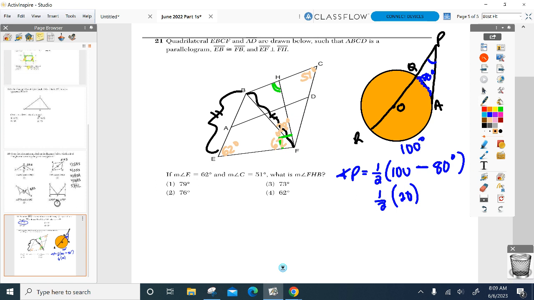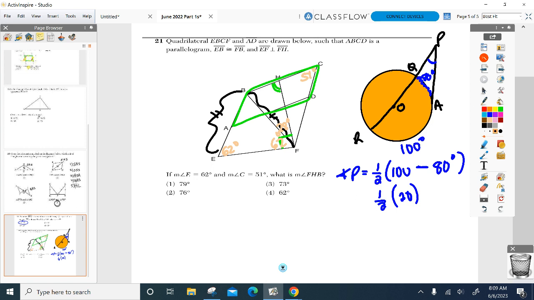Now let me focus your attention here. ABCD. That's a parallelogram. So do I know my properties or not? Anybody remember consecutive angles? Angles next to each other in a parallelogram are supplementary.